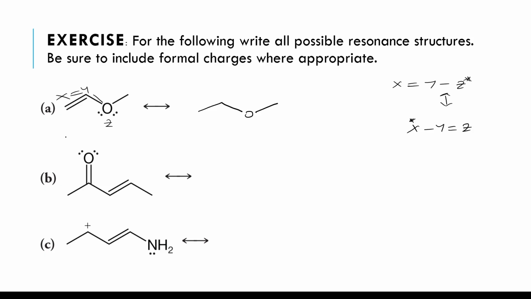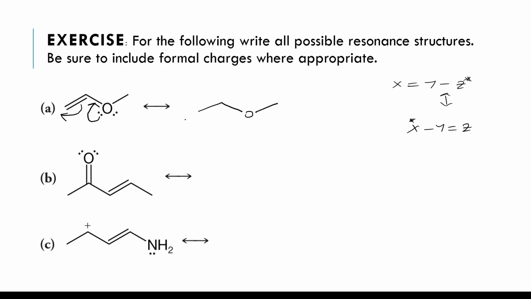We can maybe erase some parts, and I'm going to rewrite some structure. Okay, so basically I'm going to shift the pi bond between carbon and oxygen by moving this lone pair between carbon and oxygen. Then I'm going to move the pi bond between carbon and oxygen as a lone pair on carbon.